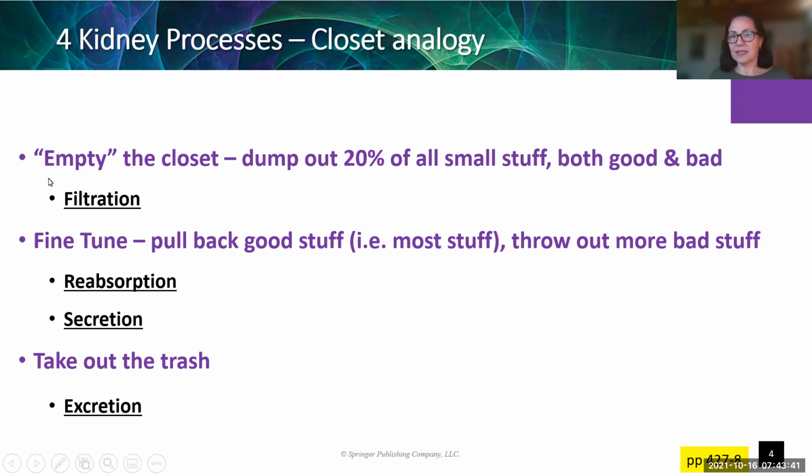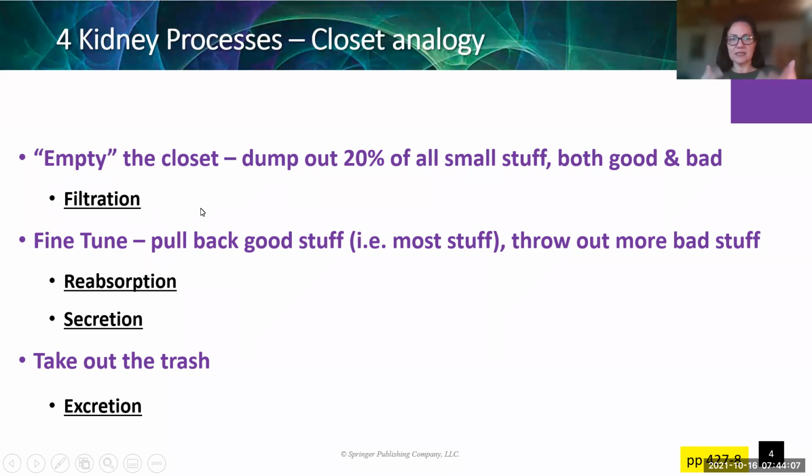We empty the closet. We take stuff out of the closet. Now with the blood, we can't empty the blood. We can't dump everything out of the blood, but we dump about 20% of the stuff out. It's about a fifth of the plasma, and the stuff that's in the plasma gets dumped out. Both good and bad things get dumped. That step is what we call filtration.